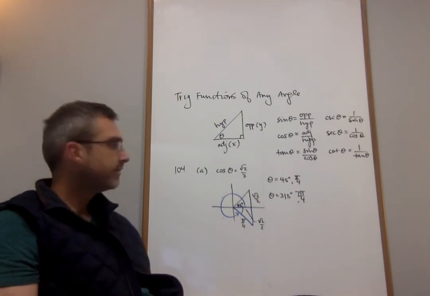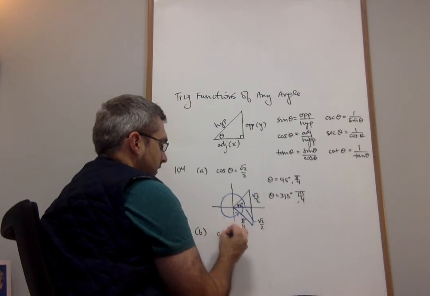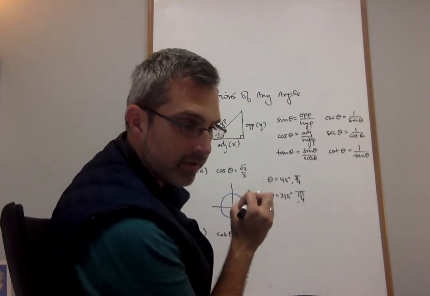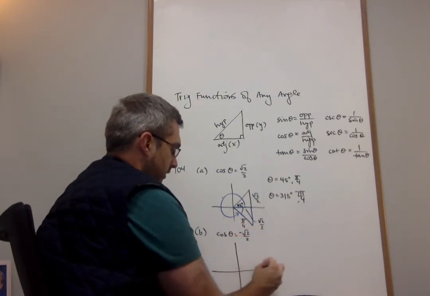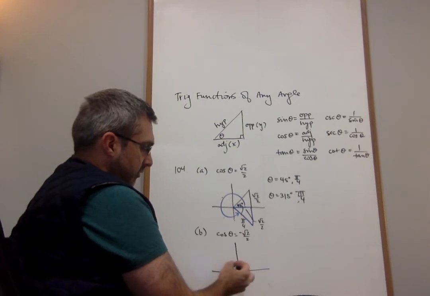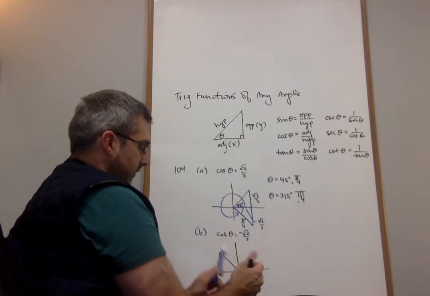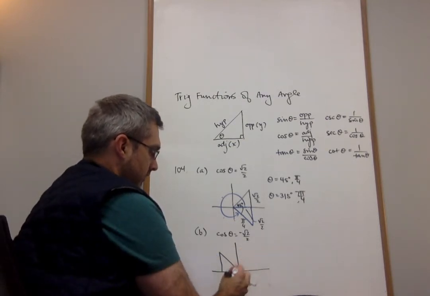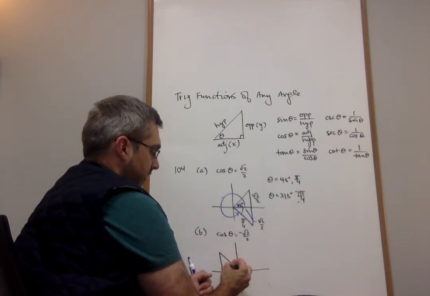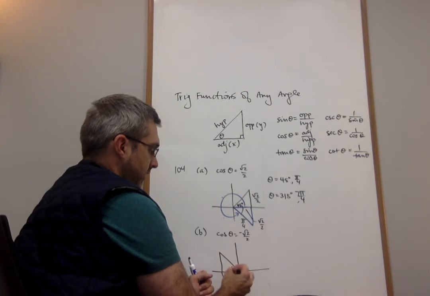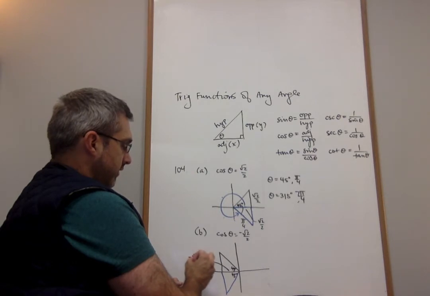If instead I did part B, I want an angle whose cosine is negative root 2 over 2. Well, remember cosine is x, the two places where cosine is negative are over here. So both of these, 45 degrees here and 45 degrees here, would give me a cosine, an x part, of negative root 2 over 2.